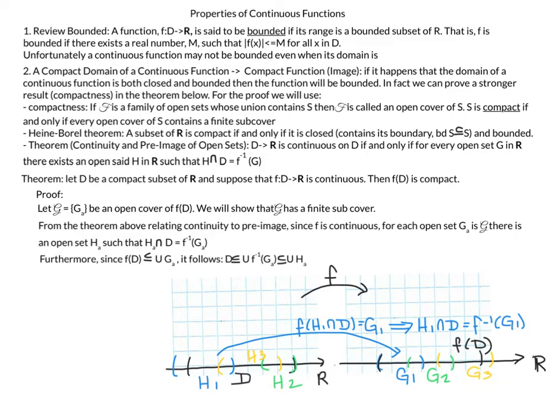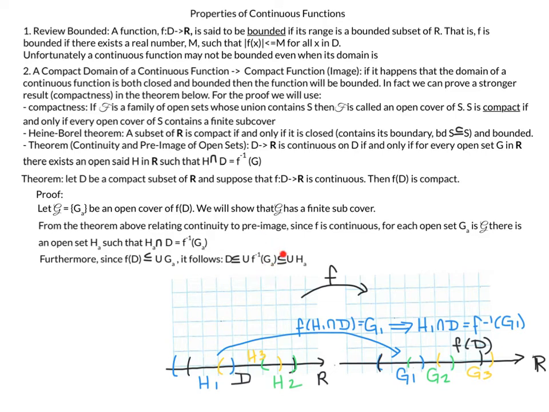And furthermore, since f of D is a subset of the union of GA because GA is an open cover, and this is what it means to be an open cover, it follows that D is a subset of the pre-image of the union of GA. In other words, D is completely contained in the pre-image of G1, which is this blue, the pre-image of G2, which is in green, and the pre-image of G3, which is in H3.